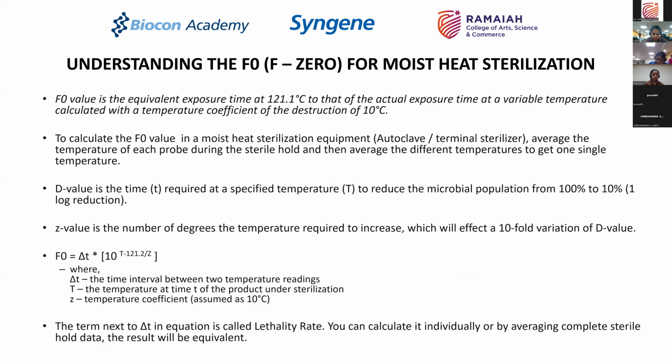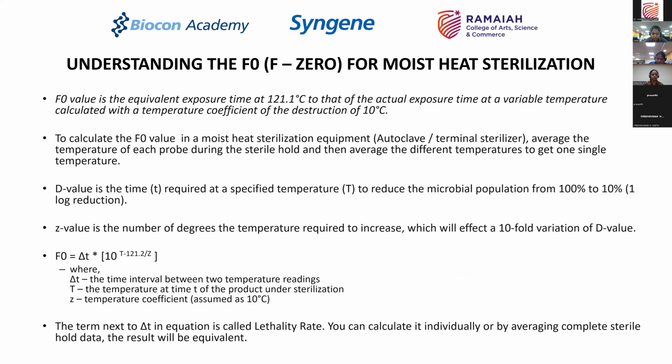I will come to the detail of this as we progress. I just want you to remember these definitions. To calculate the F0 value in a moist heat sterilization, the average temperature of each probe is taken. We saw this in the last session during the sterile hold, and then the average of those temperatures is taken to one single temperature to compute the F0 value.